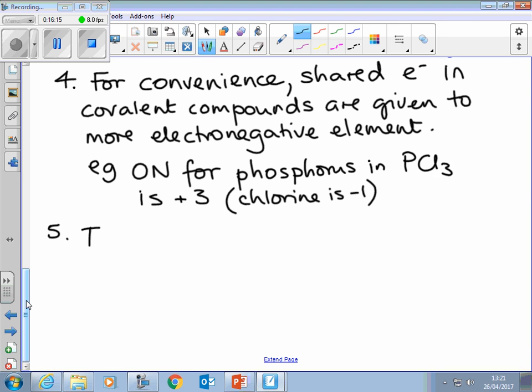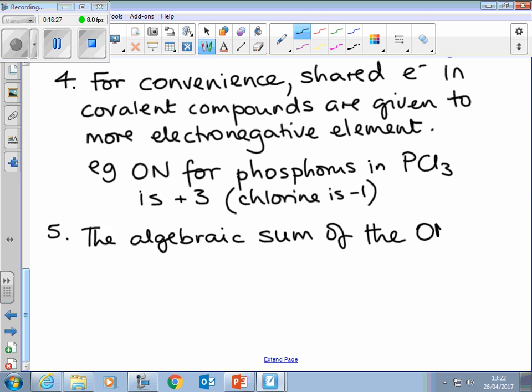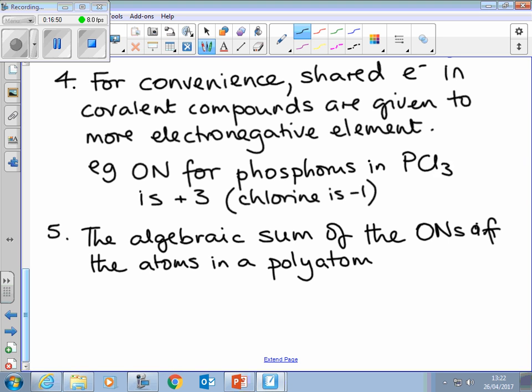So the algebraic sum of the oxidation numbers of the atoms in a polyatomic ion is going to equal the charge on the ion.